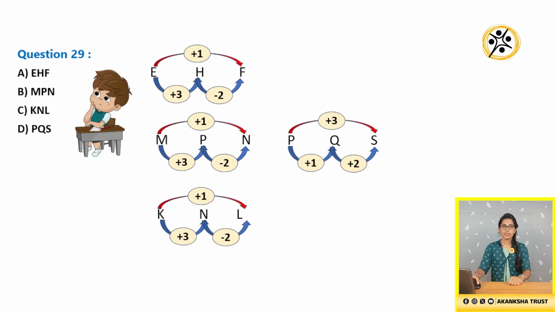You can see on the screen, but in option D it is following the plus 1, plus 2 and plus 3 pattern, hence option D is the odd one here.